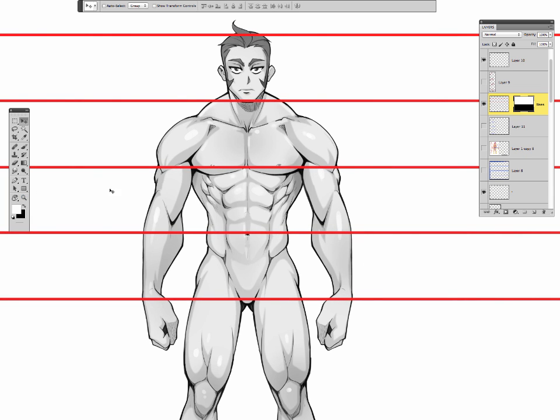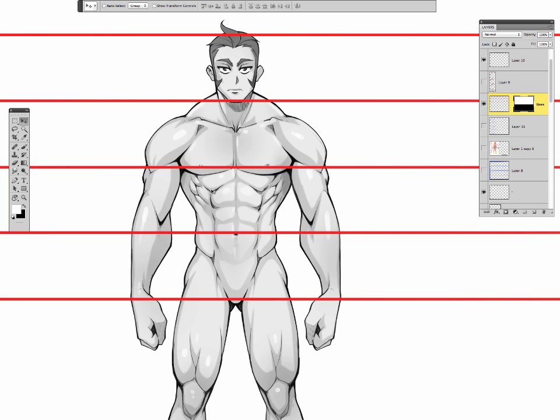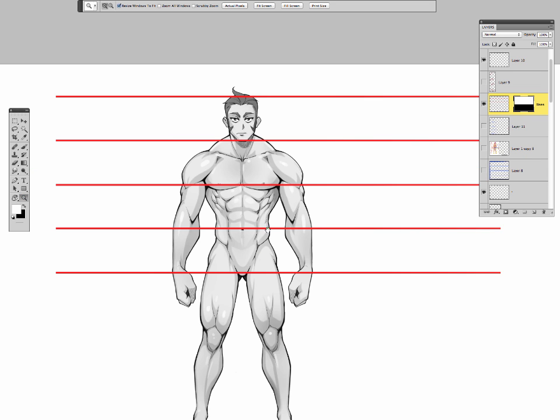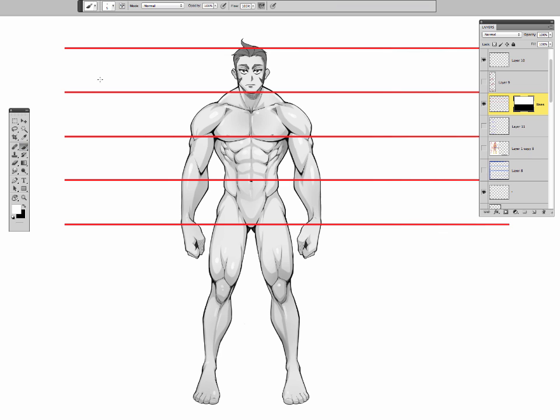And what is a good thing about having these 4 heads already is that since we're going to do 8 heads, we already have 4 heads. So you can take basically all these 4 heads, all these proportions, and duplicate it.